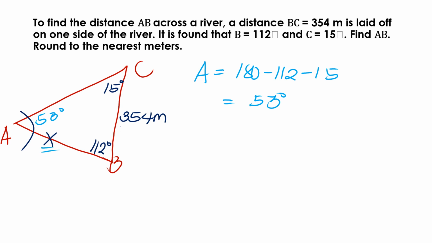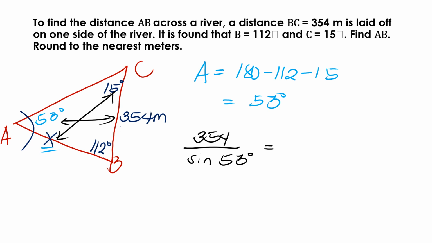To find that, you're just going to have the partner, which is 354, and that's 53 degrees. So 354 all over your sine of your 53 degrees is equal to the unknown and that opposite angle. So x over your sine 53 degrees.